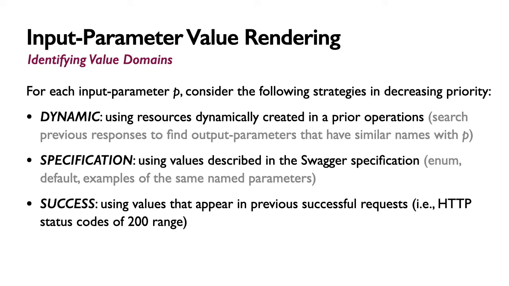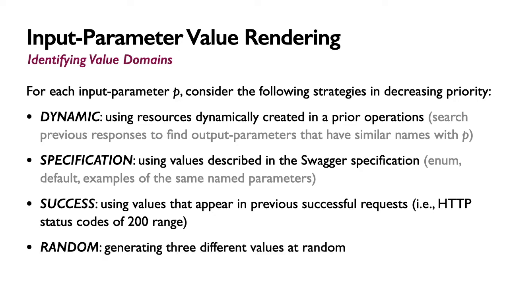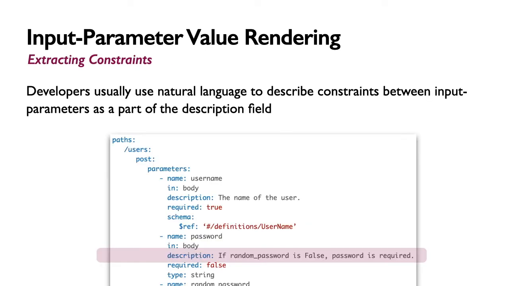The third is a success strategy, which tries to reuse values that appear in previous successful requests to re-execute the operation. And lastly, if no value domain can be determined using the above strategies, the random strategy will be used to generate 3 random values.